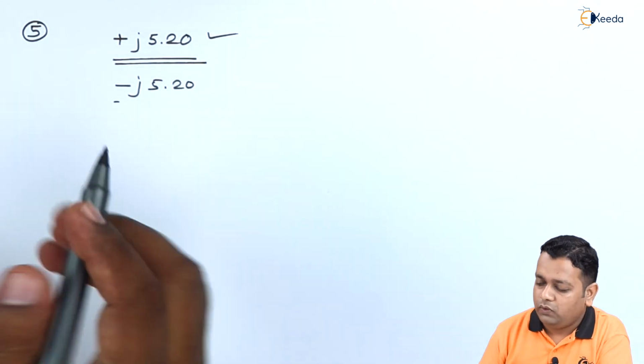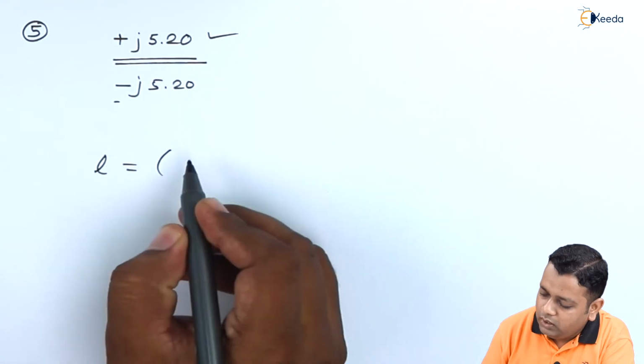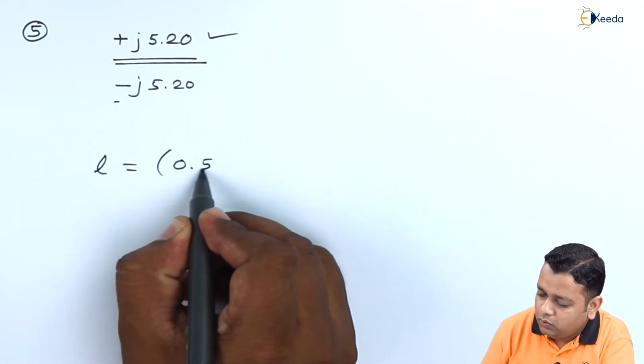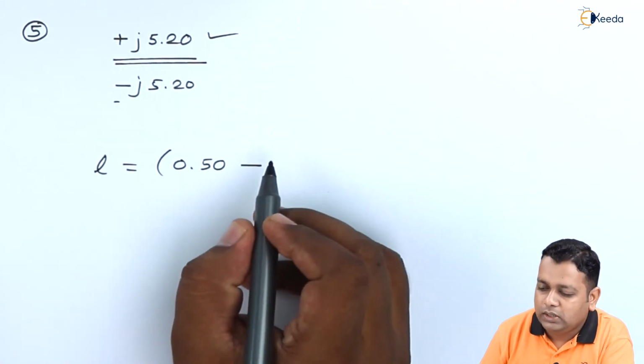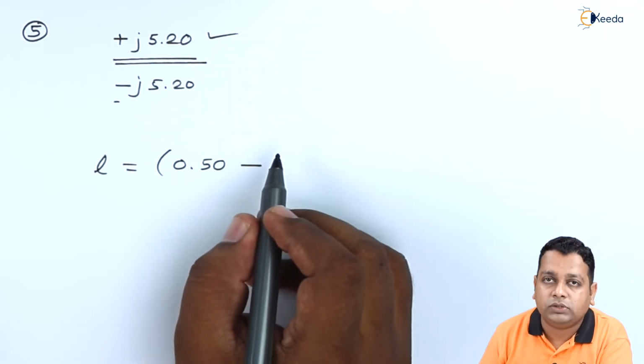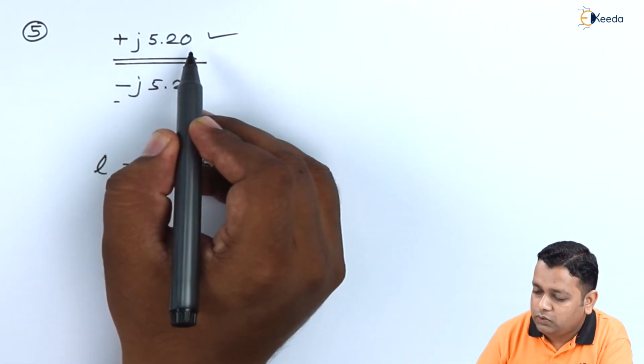Therefore we get the length calculated as L equal to the value in total for the complete cycle, 0.50, minus the difference from 0.25 to the marking of positive j times 5.20.